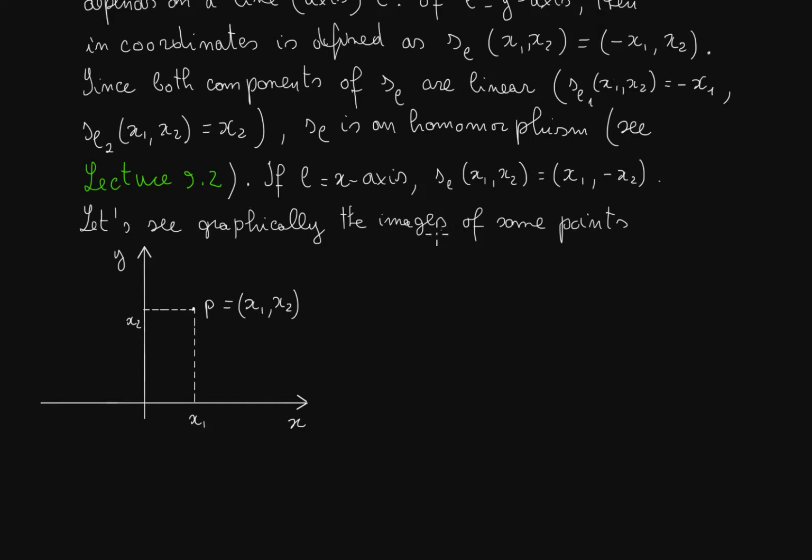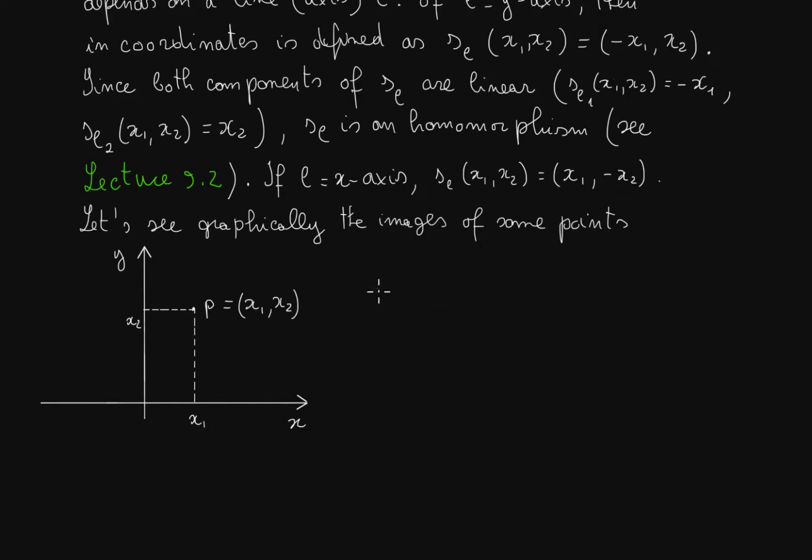So let's see graphically the images of some points of this map. I remind you that in lecture 0.2 we considered the visualization of maps. In this case, the map goes from R squared to R squared, so we cannot draw its graph because it would be embedded in R4.